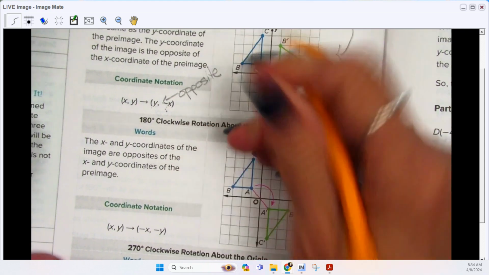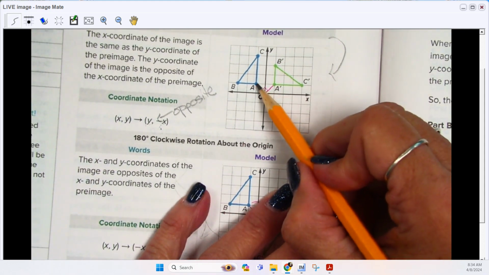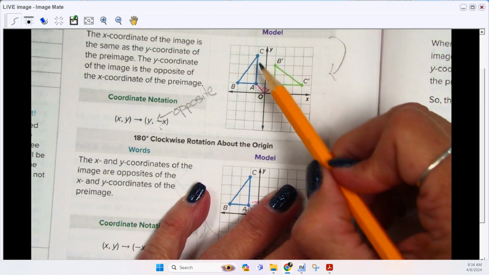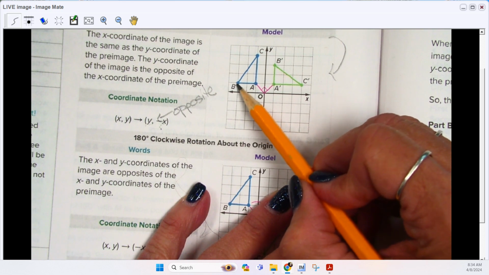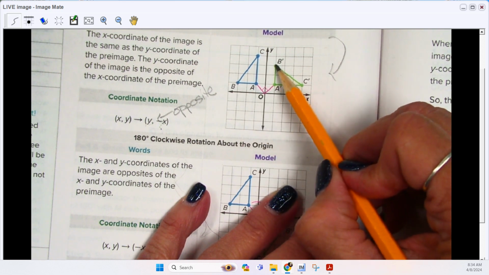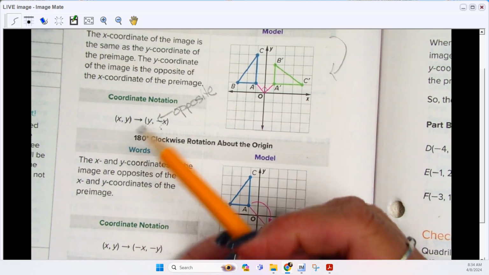Not just negative, but think of it as its opposite. If I look at this point, -3, 1, and come over here, it's now 1, 3. So that took its opposite. The opposite of that -3 was +3.